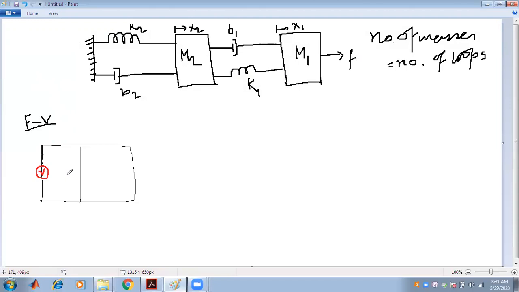This is for the M1 mass and this is for the M2 mass. B1 and K1 are connected with M1. B1 must be replaced by the resistance R, so we have drawn a resistance R.